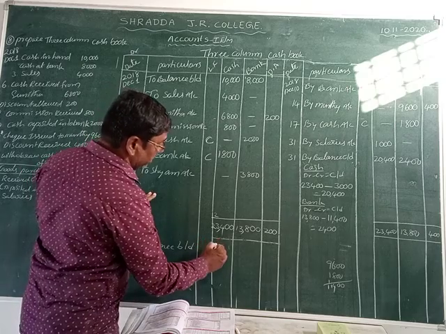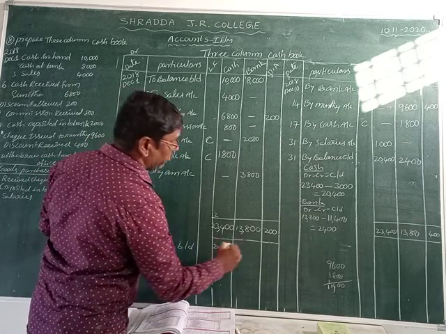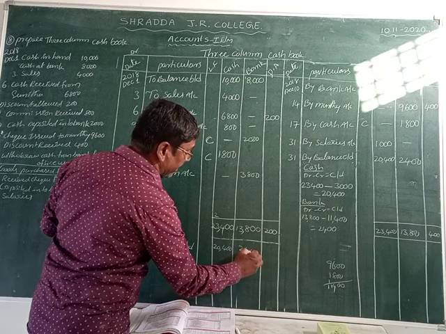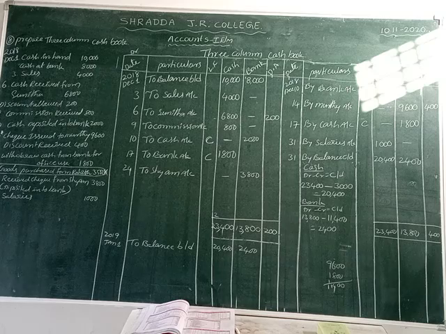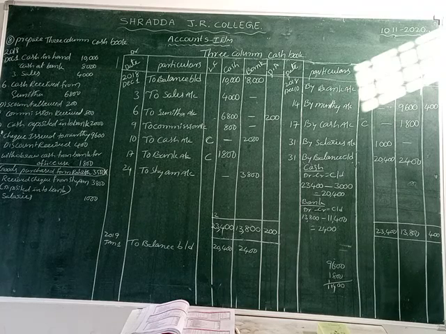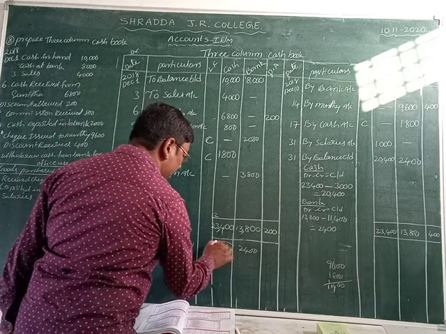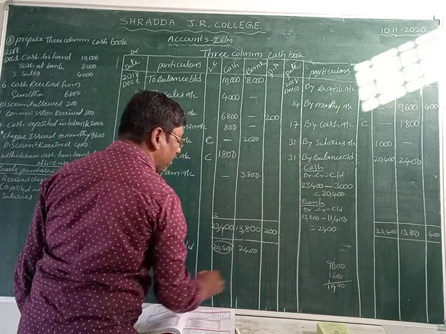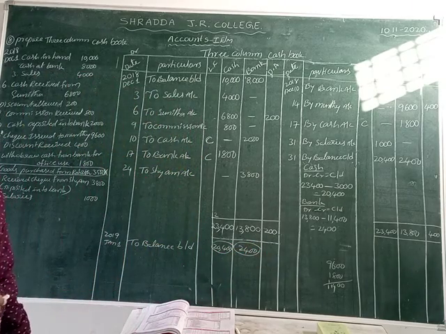The cash amount is 20,400 and the bank amount is 2,400 rupees. So this is the remaining balance of cash and bank, students. This is the next year's opening cash amount, and this is the next year's opening bank amount, isn't it?